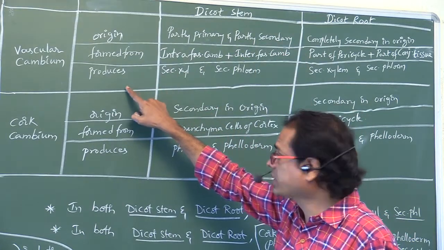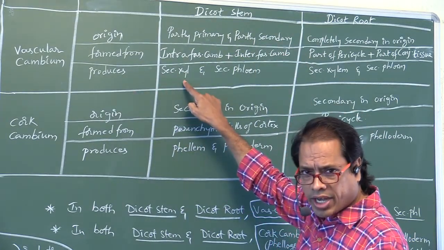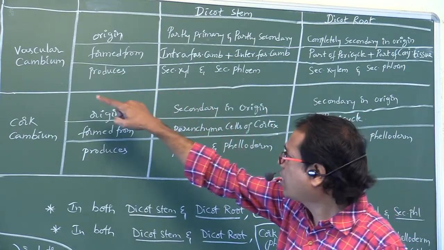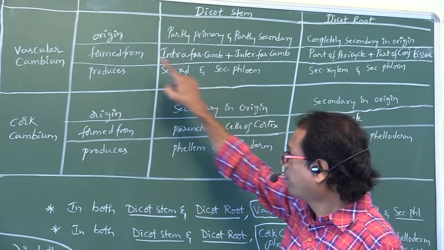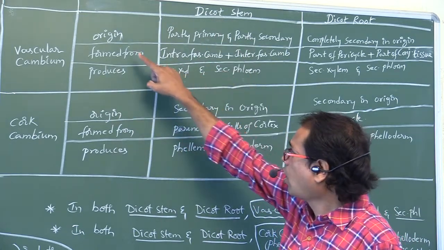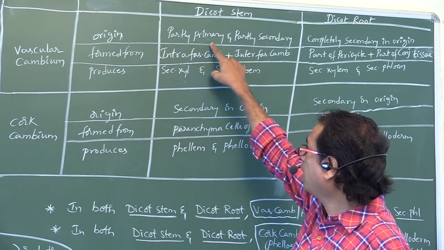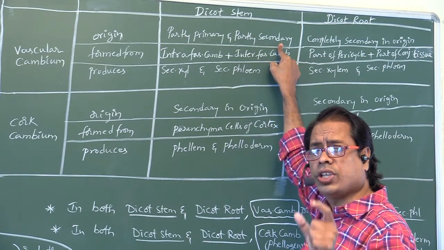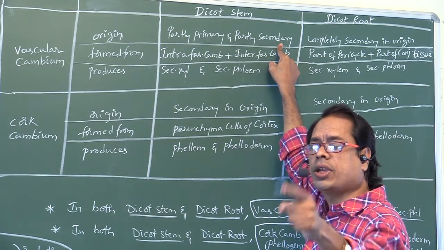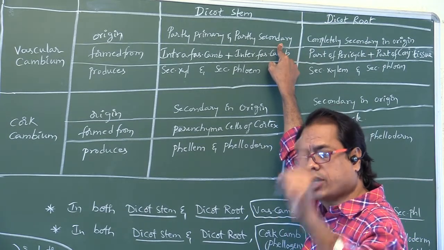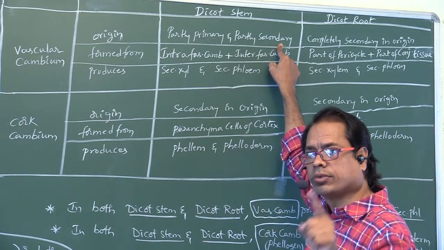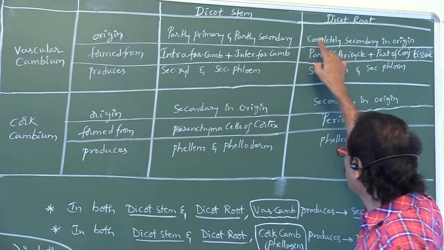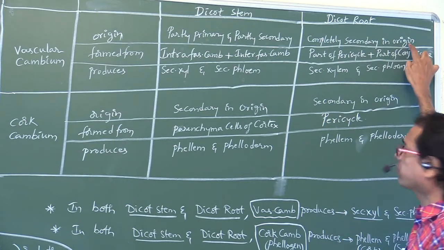That's why vascular cambium in dicot stem is partly primary and partly secondary. Vascular cambium produces secondary xylem towards the inner side and secondary phloem towards the outer side. This is the only tissue which is partly primary, partly secondary, that is vascular cambium in dicot stem. Don't say dicot root. Whereas in dicot root, vascular cambium is completely secondary in origin.